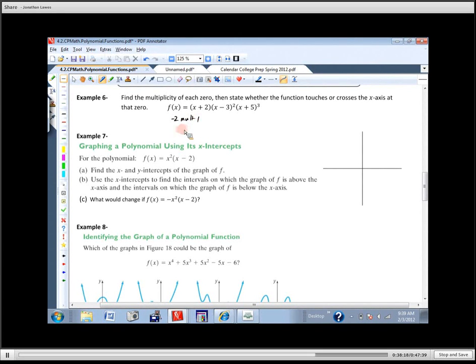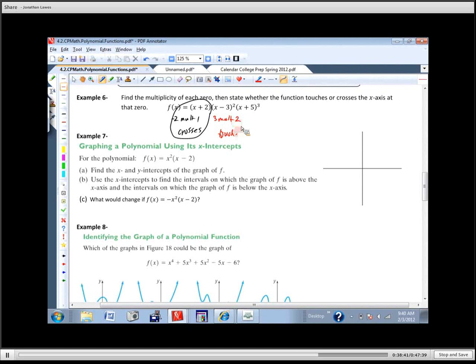So what does it do? Crosses. Okay, that's the information from this guy right here. Next one. What's the 0? 3. What's its multiplicity? 2. Touch or cross? Touch.